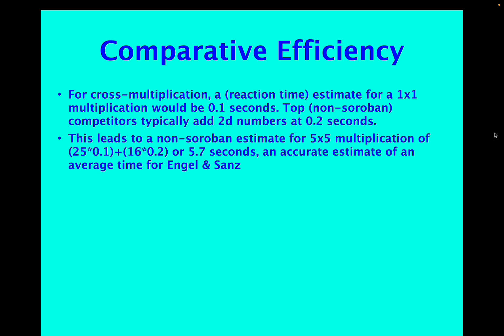This is very much in line with the top 5 by 5 times for Western competitors especially. I do not recall what Mark's official record was, but it's very close to 5 seconds. Unofficially, you can get lucky. You can push maybe a little bit faster than 0.1 or 0.2 for the two different components, but you're unlikely to be able to beat 5.7 seconds by a significant margin.